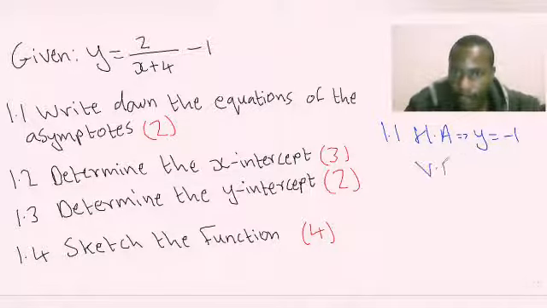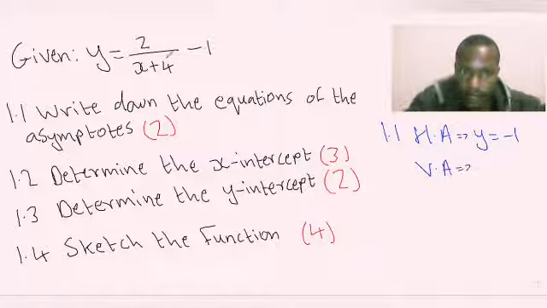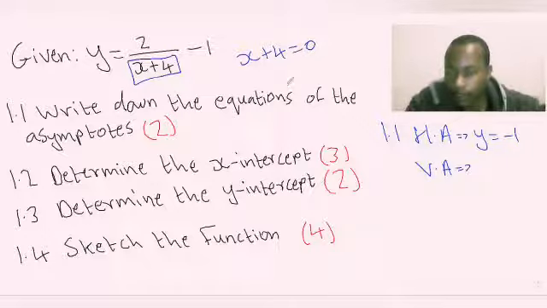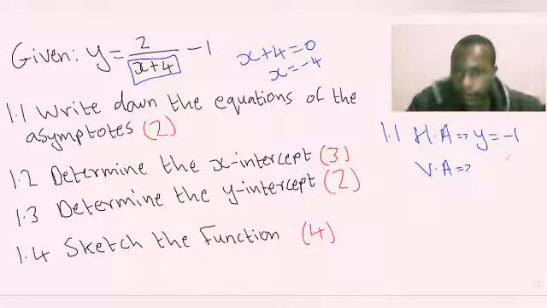The vertical asymptote is you solving for x after you've equated the denominator to 0. So you would end up with x equals negative 4. So your vertical asymptote would be x equals negative 4. That was 1.1.